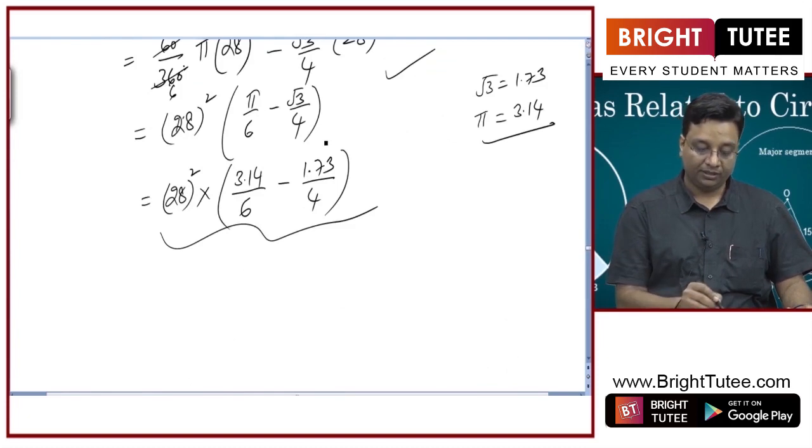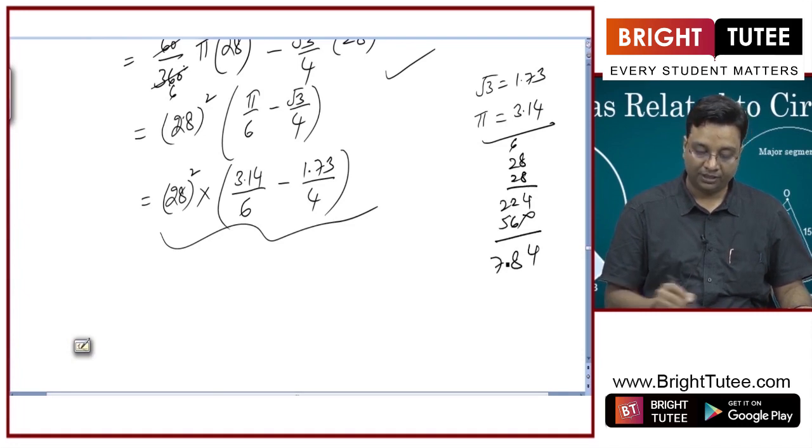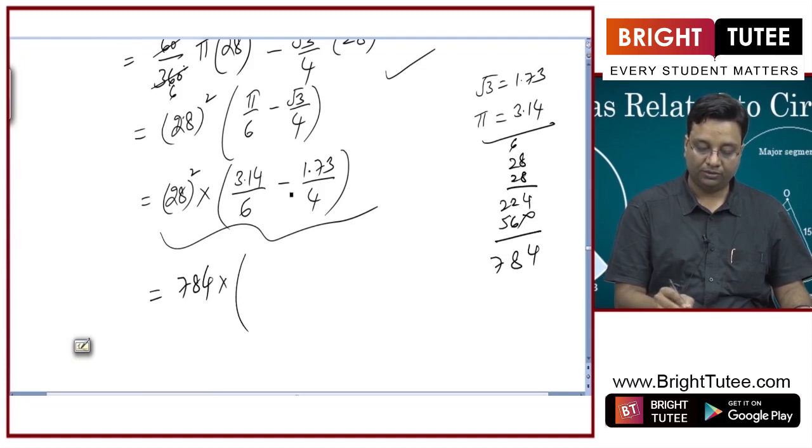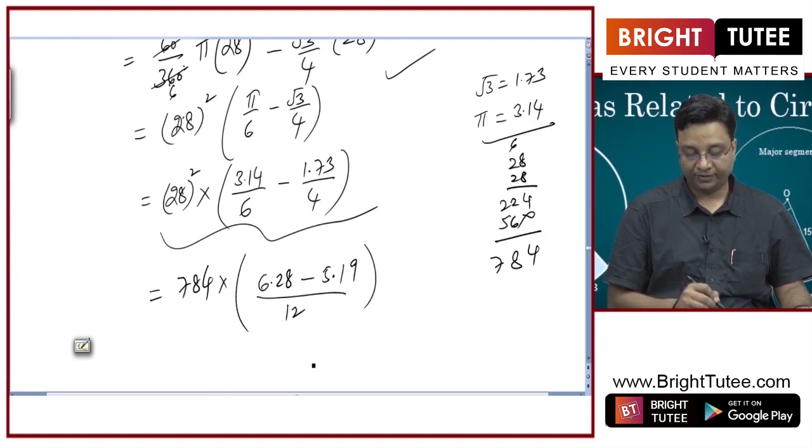So for the sake of calculations, I can show you the calculations also. This is 784 into, if I take the LCM as 12, this will be written as 6.28 minus 5.19.